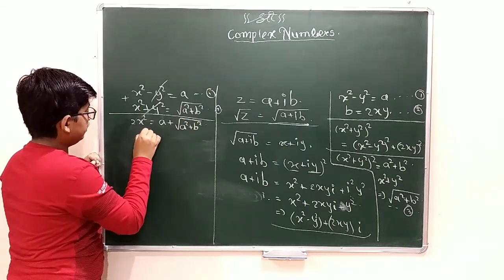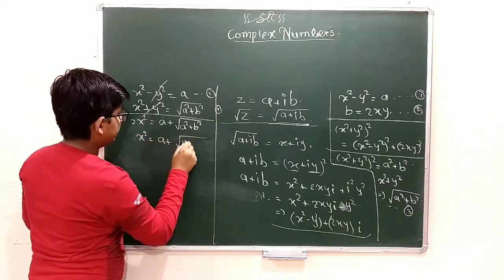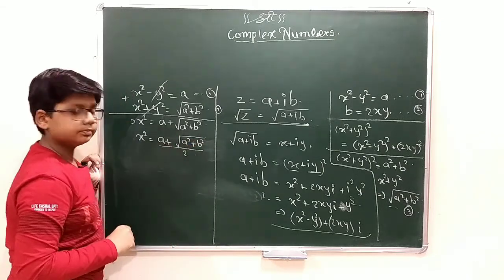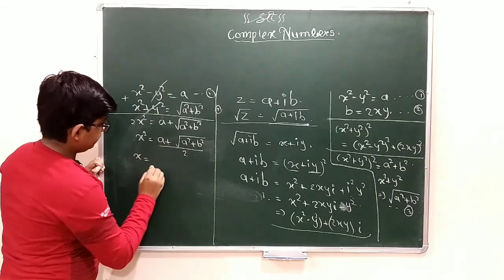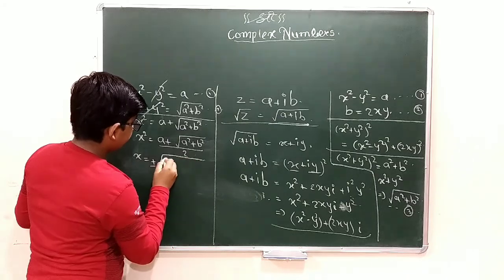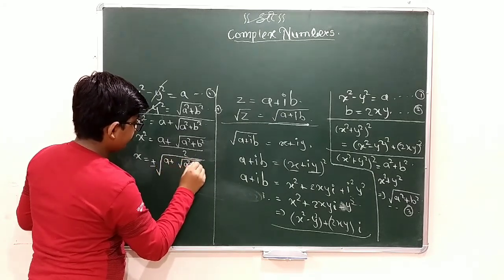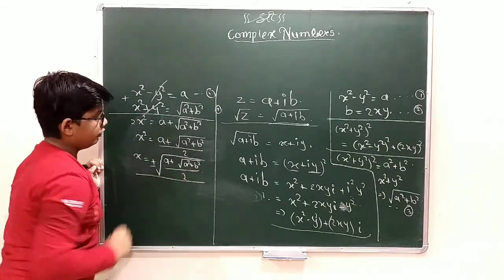So the value of x squared will be a plus square root of a squared plus b squared upon 2. Now what will be the value of x? The value of x will be plus or minus square root of a plus square root of a squared plus b squared upon 2. We have found the first value.